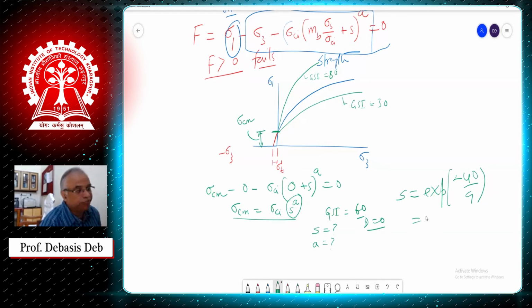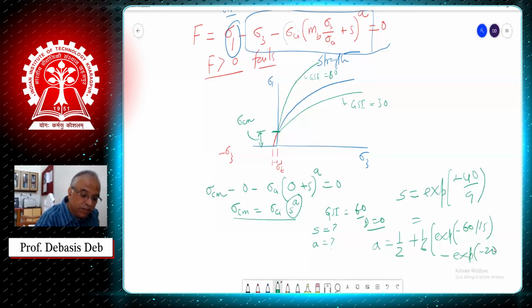How much is this? And A will be half plus 1/6 of exponential minus 60 by 15, minus exponential minus 20 by 3. These two, how much are they? Just quickly calculate and tell me the value.